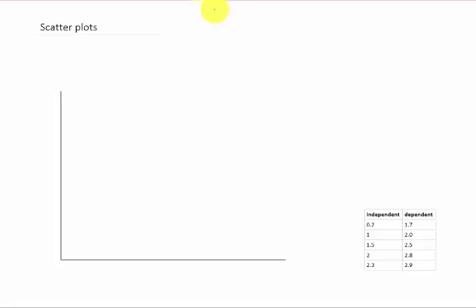Now let's think about the scatter plot, which you're going to be using a lot. That is a kind of graph where we're looking for correlation between two sets of continuous data.